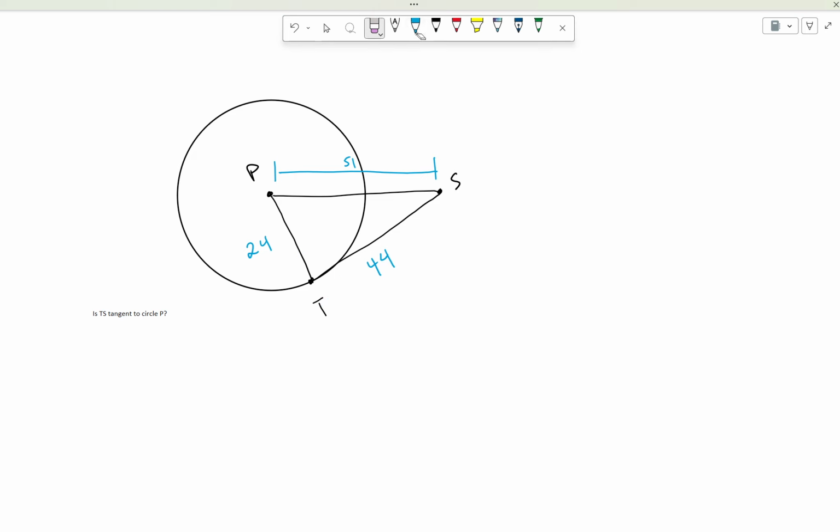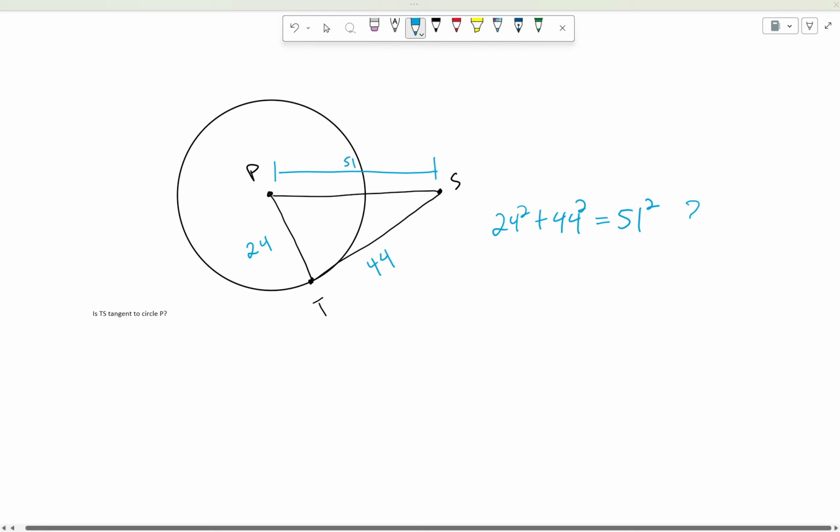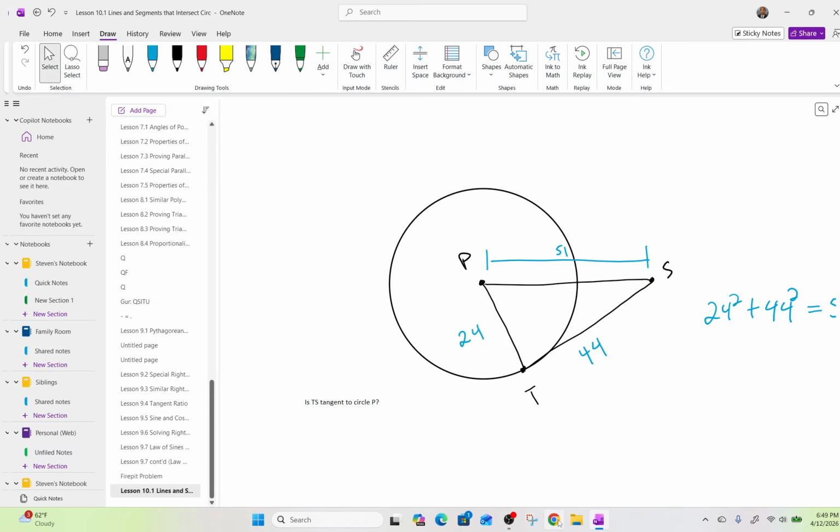That would be perpendicular, which means this would be a right triangle, meaning the Pythagorean theorem would apply. So we can apply the Pythagorean converse and check these values: 24 squared plus 44 squared equaling 51 squared. Is that really the case? Let's try it. Let me go to our calculator.